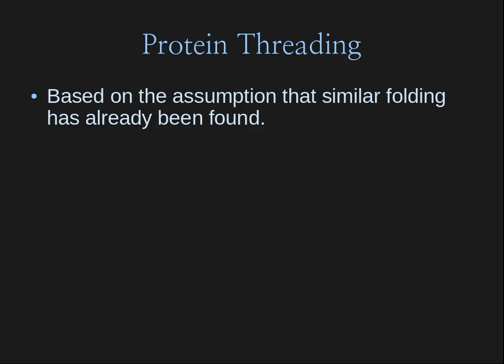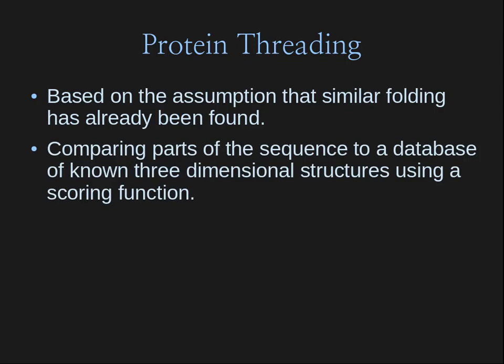Now, of course, this won't work on everything for that reason, but it can work on a lot of things. By comparing the sequence to a database of known three-dimensional structures, we can find that and then use some sort of scoring function to assign how likely it is that this sequence could adopt this structure.